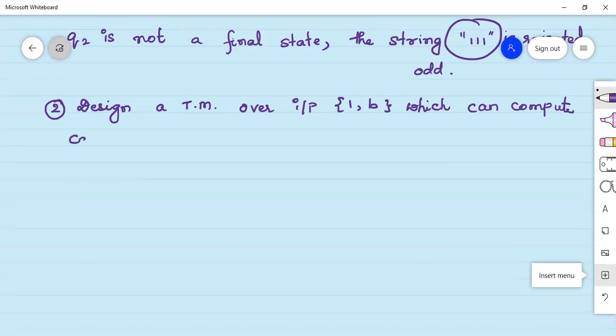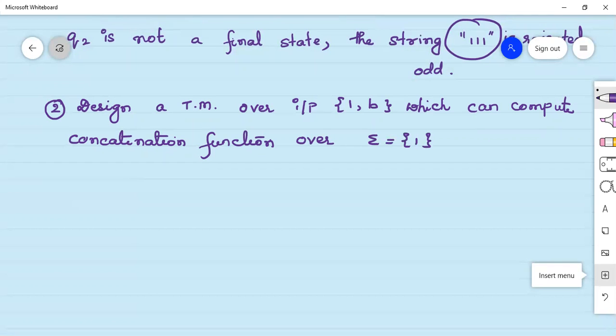You have string cat, no? Similarly, concatenation function over sigma is equal to 1. Okay, so this is your tau, this is sigma. All right.